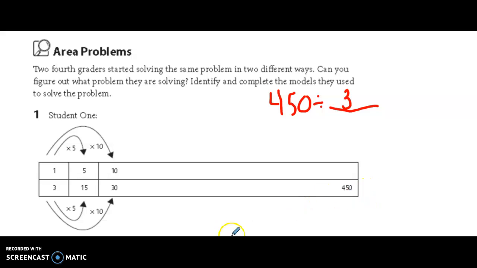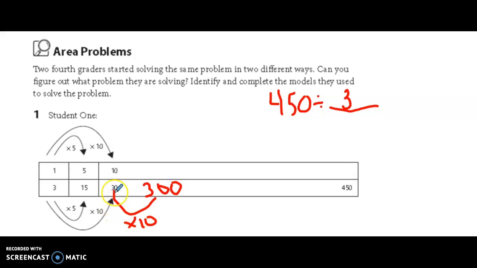Now, I have to get to 450. So, take as many jumps as you need, but the bigger the jumps you can take, the quicker you'll get to your answer. So, as I'm looking here, I notice that 30 times 10 equals 300. That's pretty close to 450.